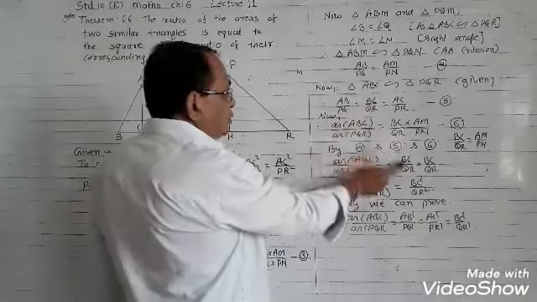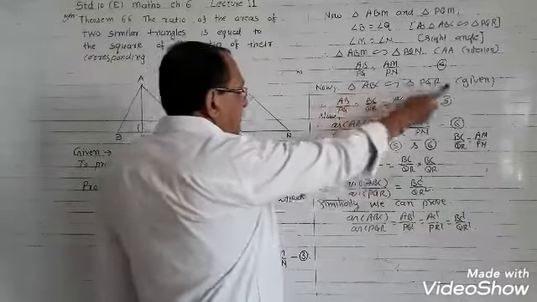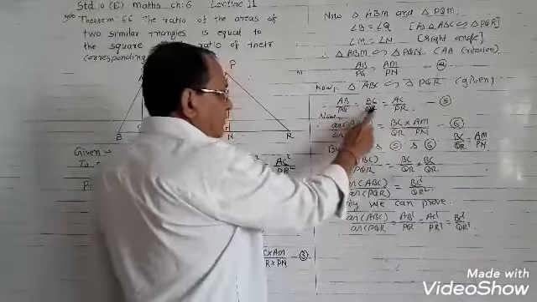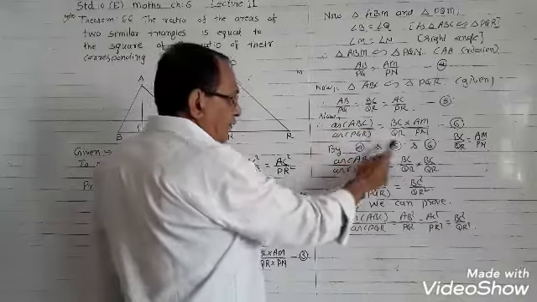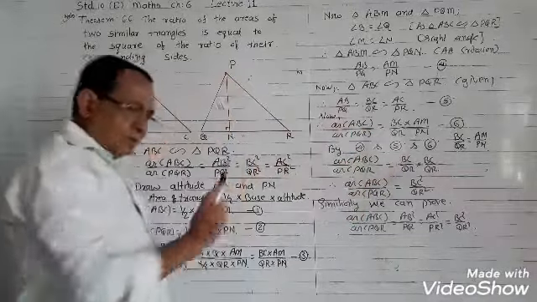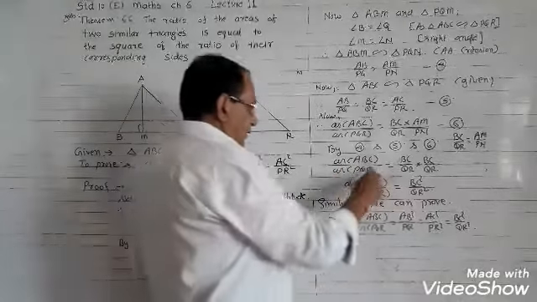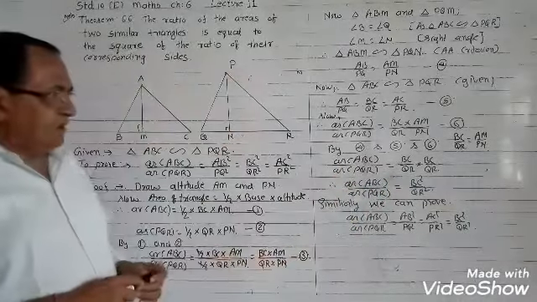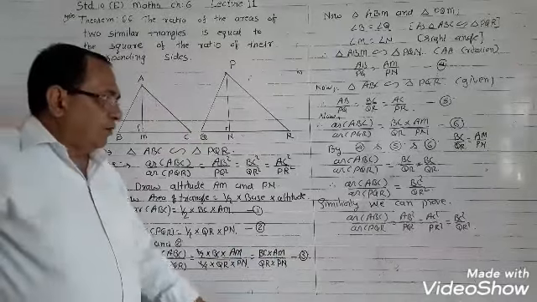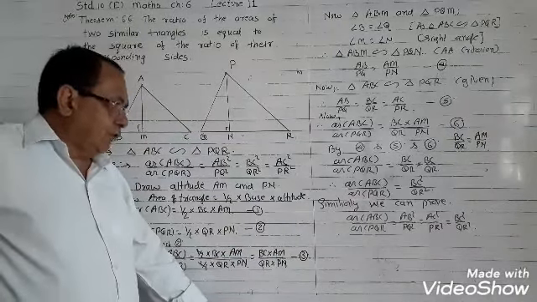I am saying all this aloud. AB upon PQ, BC upon QR, by 4, 5 and 6 you can directly write it and it will be fine. Area of triangle ABC upon area of triangle PQR is BC upon QR into BC upon QR.